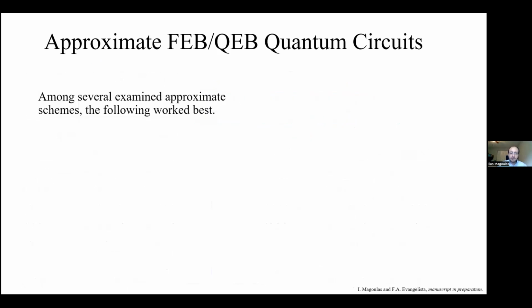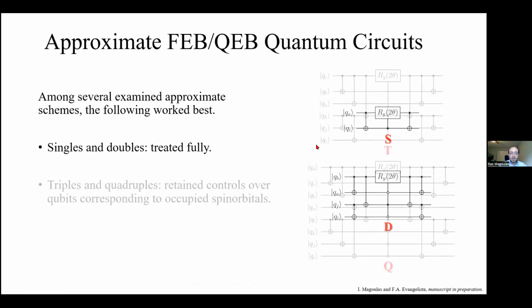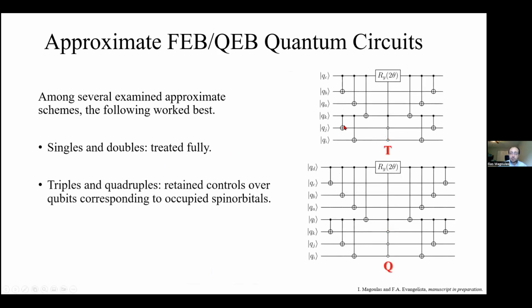So we examined various such approximate schemes, and we found one that worked best, and this is the recipe. In the case of single and double excitations, there will be no compromises. They will be treated fully. When you go to triples and quadruples, we will only keep controls over qubits that correspond to occupied spin orbitals.